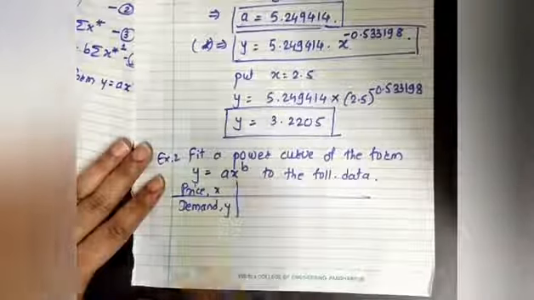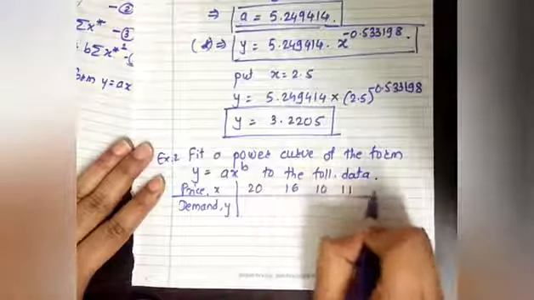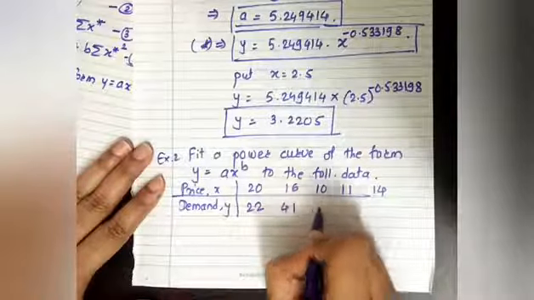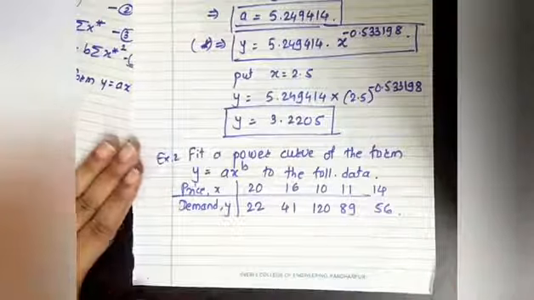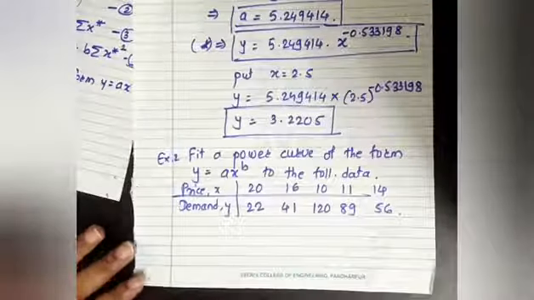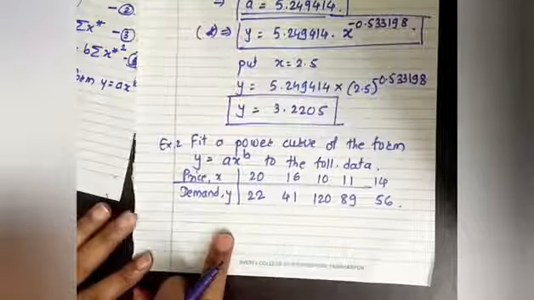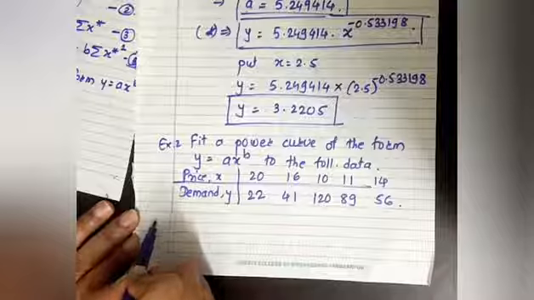So prices are 20, 16, 10, 11, 14, 22, 41, 120, 89 and 56. I hope you understood and you can solve this example. This is your homework.